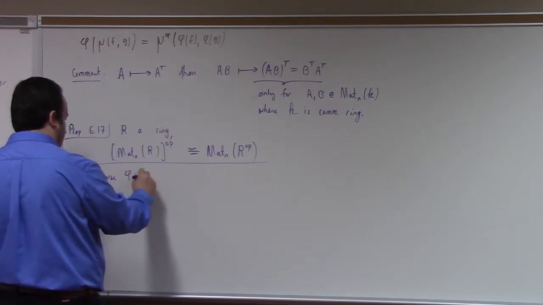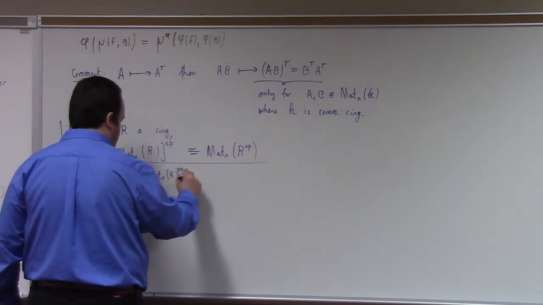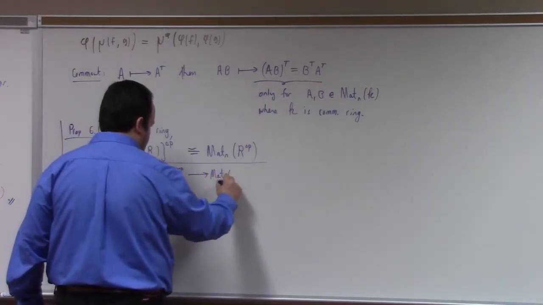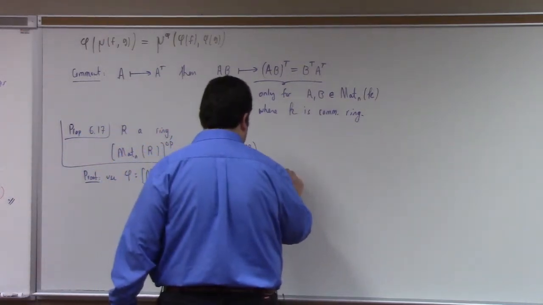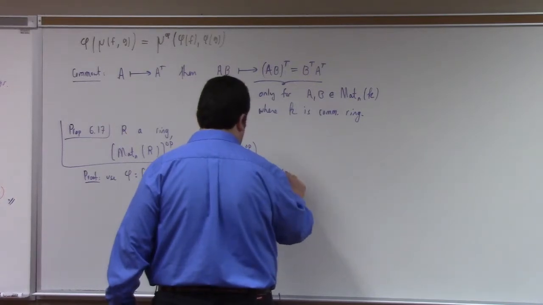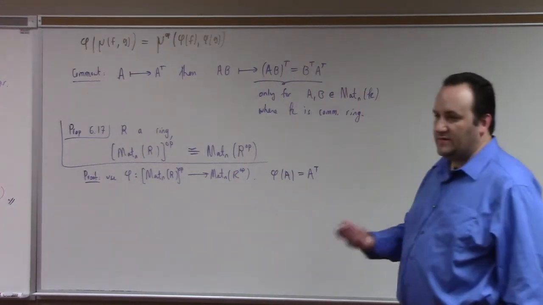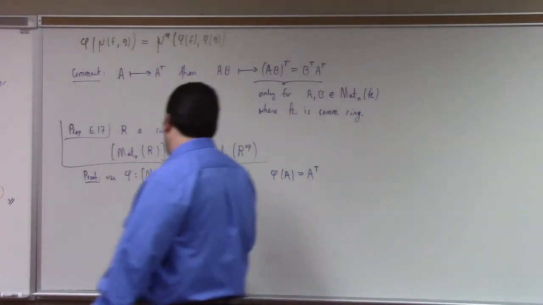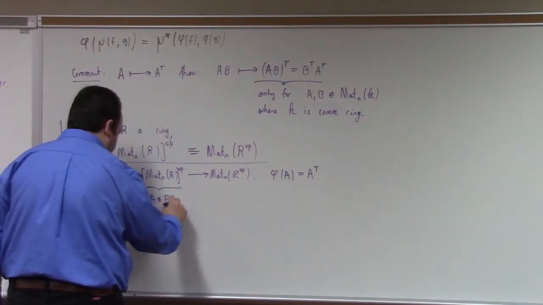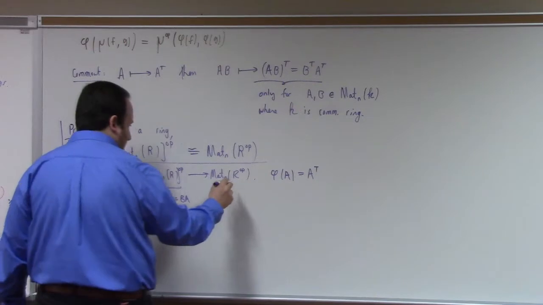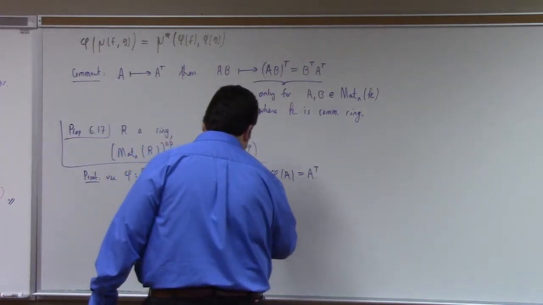Use phi to go from Mat_n(R)^op to Mat_n(R^op), phi of A equal to A transpose, okay? So we need some notation, all right? So in here, I'll say that A star big B is BA. And over in here, I'll say that A little star B is BA.